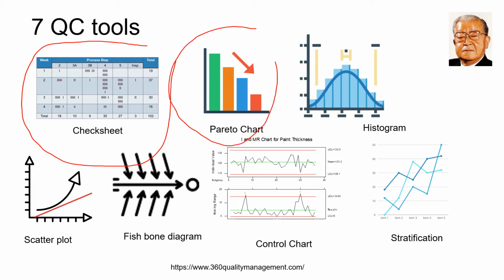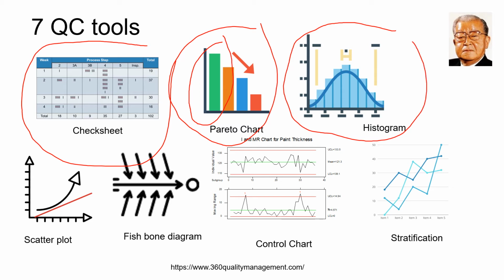Second is the Pareto chart, which is a bar chart arranged in descending order based on the magnitude of the data to know which are the vital few, such as the defect symptom.